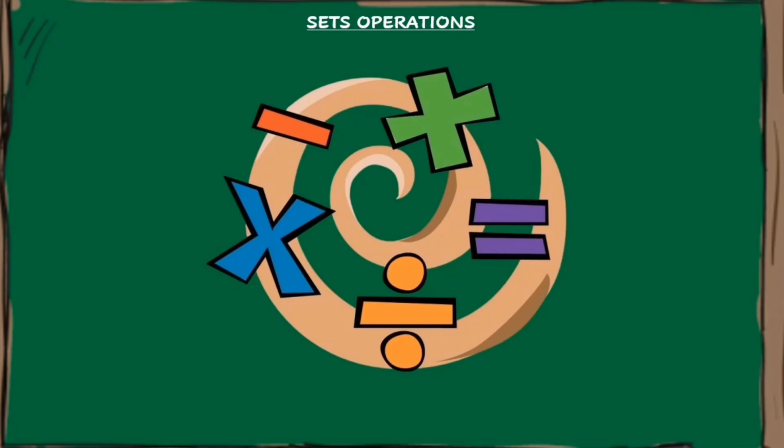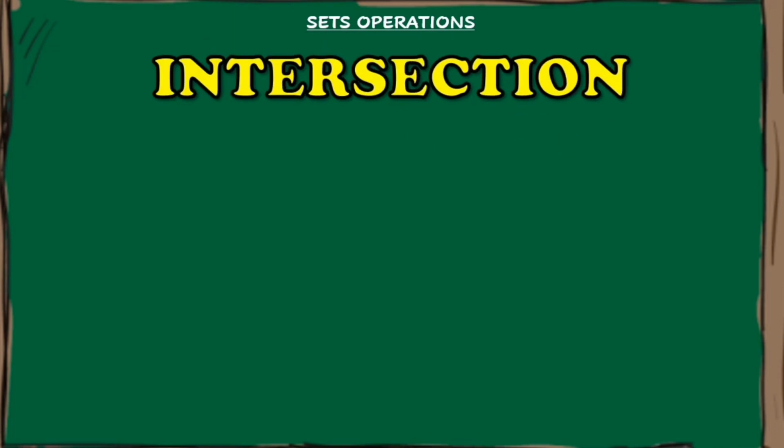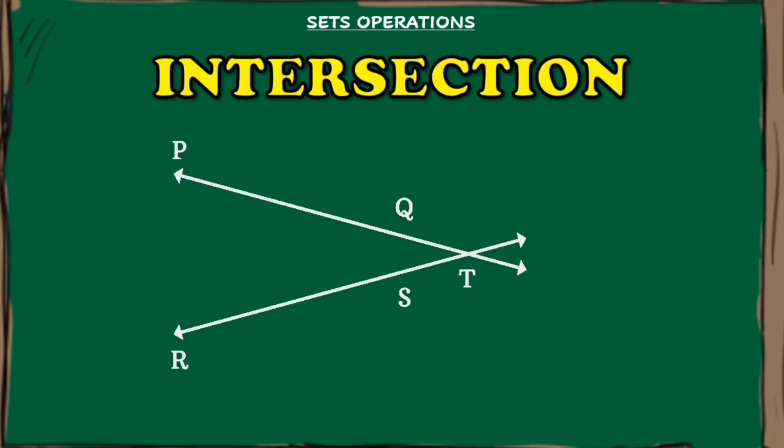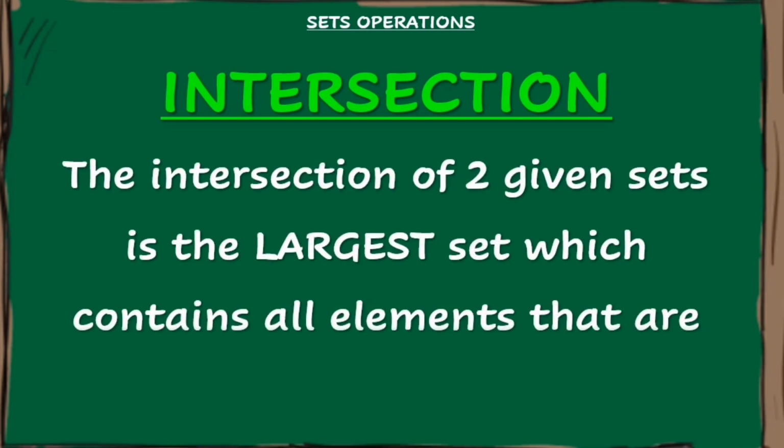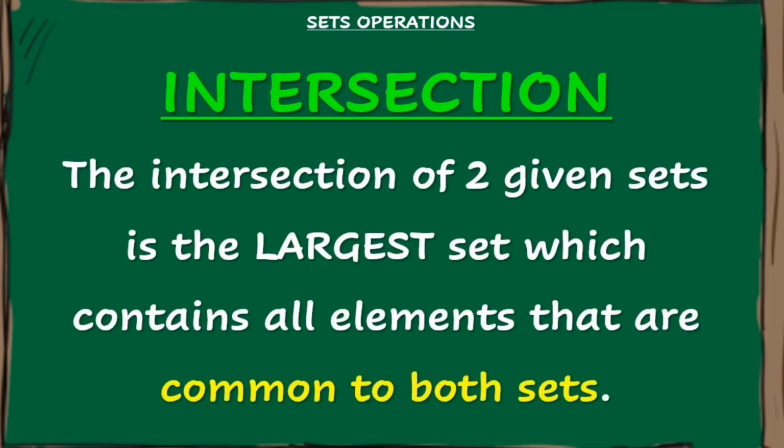This time, let us discuss the next operation on sets, the intersection of sets. Perhaps your idea of intersection is the spot where two lines cross. Here, the intersection of two given sets is the largest set which contains all the elements that are common to both sets.